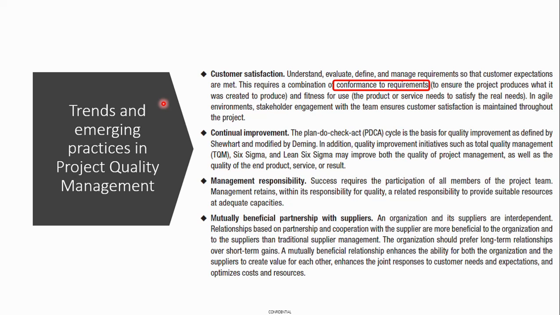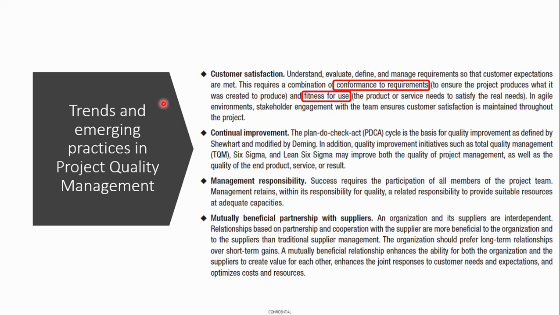That is, the final deliverables should conform to the requirements of the customer, and also the product should be fit for the purpose. If it is a system, then it should be a robust system, a fault tolerant system, a highly available system, with a certain percentage of uptime. So it should be fit for purpose. And the system cannot go down when the loads of concurrent users are increasing. So conforming to requirements and fitness for use will drive customer satisfaction.